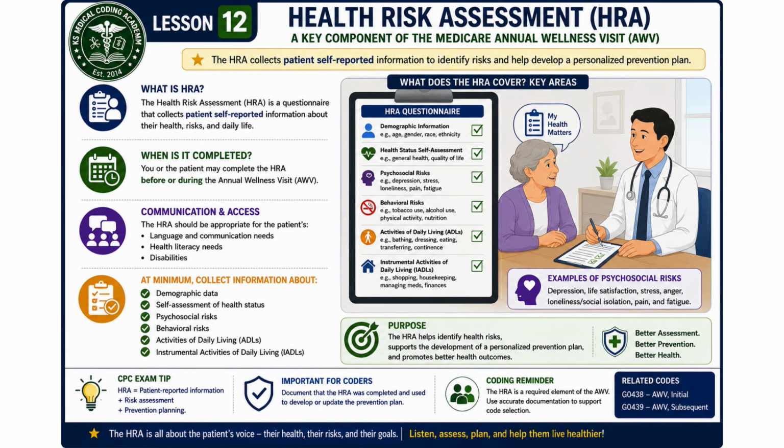The purpose of the HRA is to identify the patient's health risks and support the development or updating of a personalized prevention plan. For coders, remember that accurate documentation is essential. The HRA supports the annual wellness visit and helps establish the information needed for preventive care planning. For the CPC exam, remember this simple concept: HRA equals patient-reported information, risk assessment, and prevention planning.